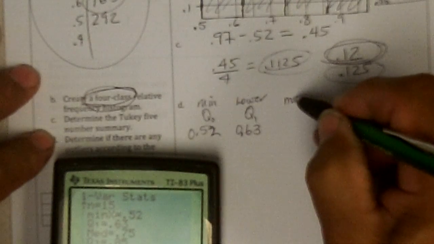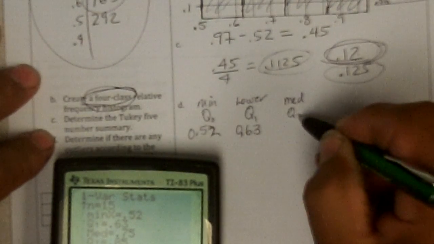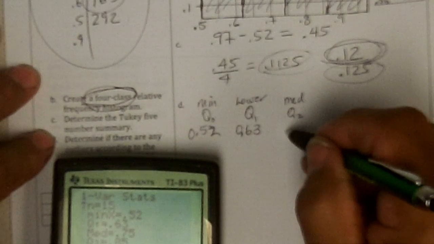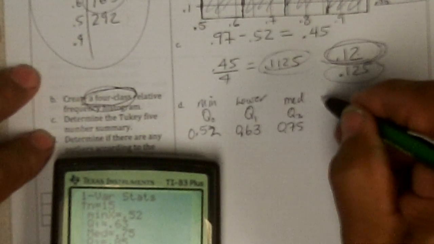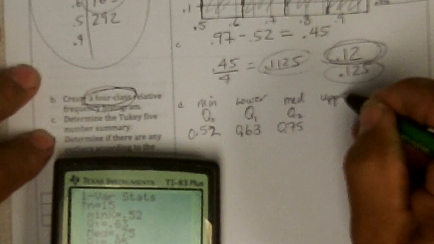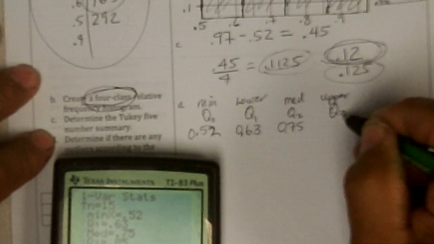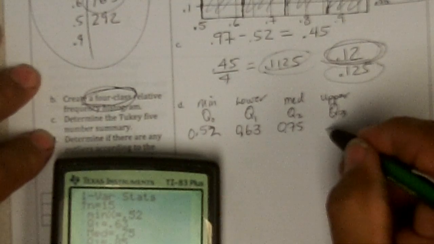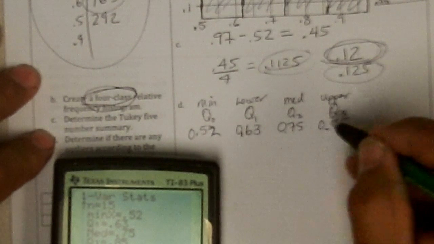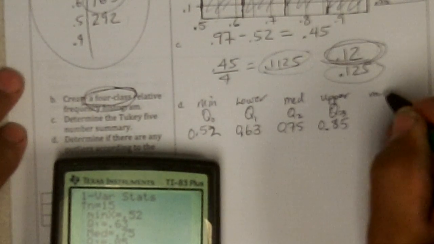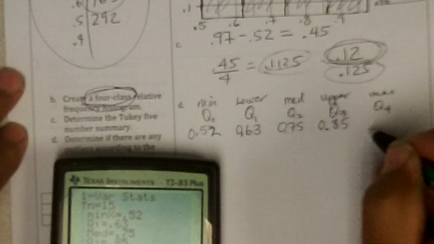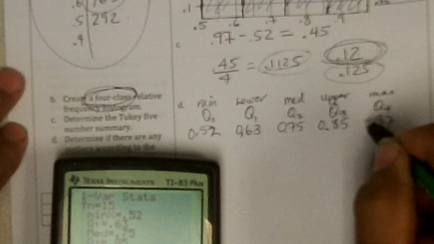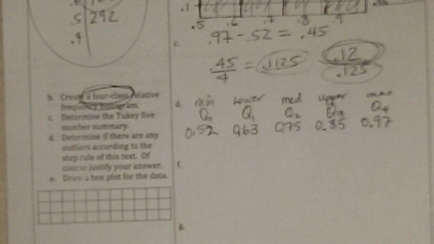The median, or quartile 2, is 0.75. And the upper quartile, or Q3, is 0.85. And the max, or Q4, is 0.97. And those are the Tukey 5 number summary.